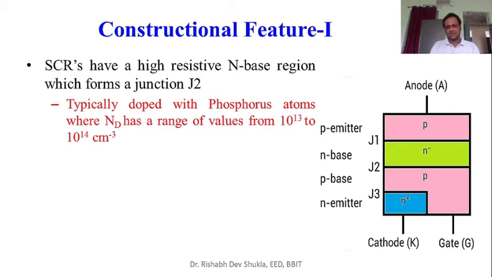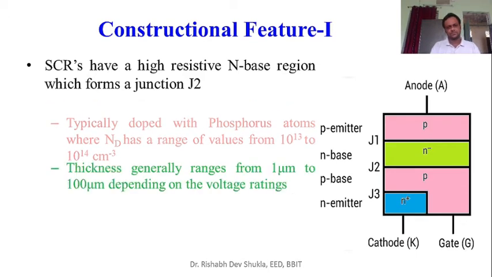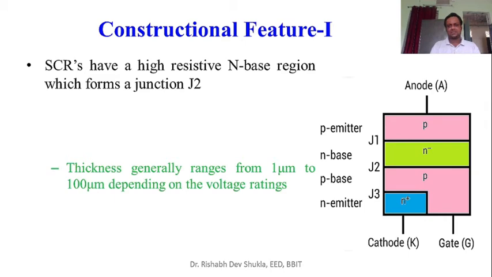Typically this layer N minus base region is doped with the phosphorus atom, where the donor ion concentration Nd ranges from the value of 10 to the power 13 to 10 to the power 14 per centimeter cube, and thickness of this base region is ranging from 1 micrometer to 100 micrometers. It is depending upon the voltage rating of a particular thyristor.